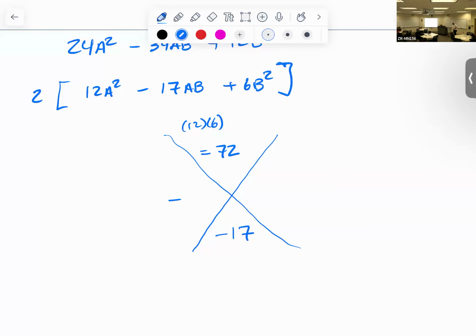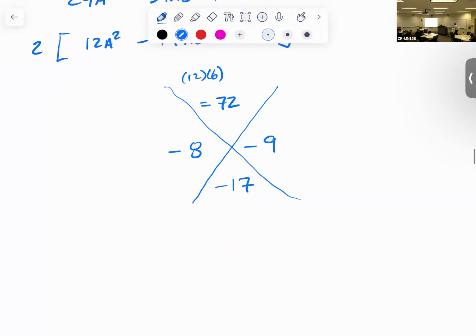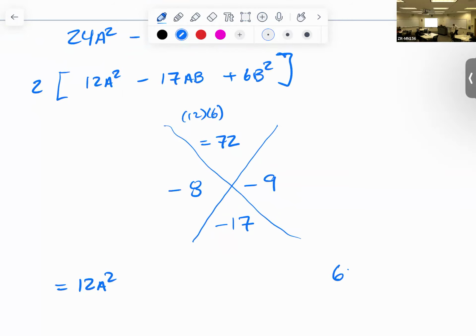Oh, Ann already got it. Look at you. -8, -9, 2 negatives multiply to a positive, 2 negatives sum to a negative. Okay, here's the big thing. When we rewrite, remember that the first term and last term, they drop down.